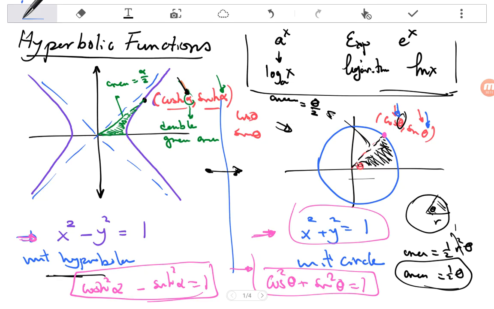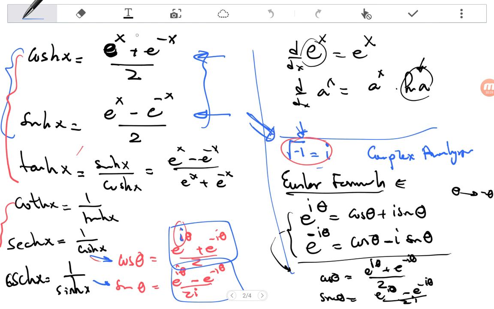And we learned that angles we may measure by radian or by degree and so on. But what about the argument of hyperbolic functions? It is just a number. Why? Because they are just defined as exponentials.